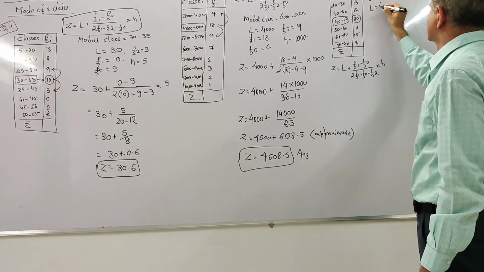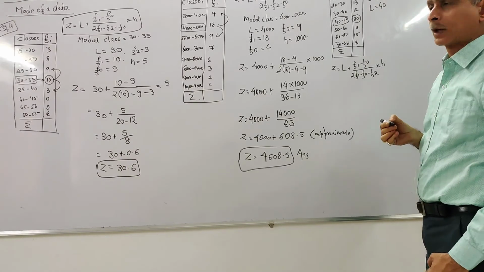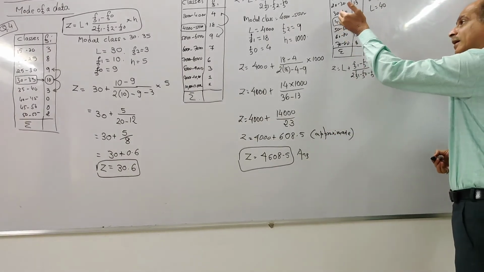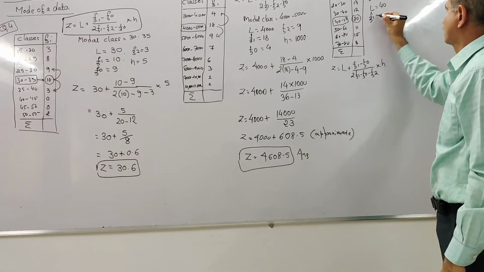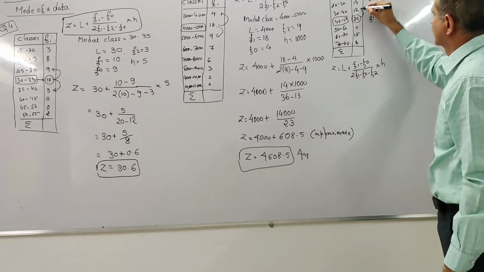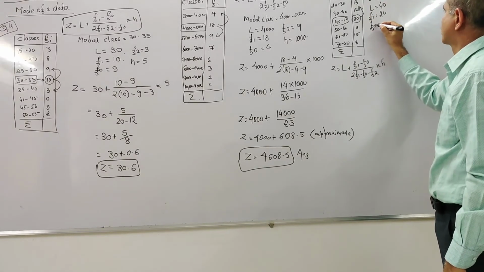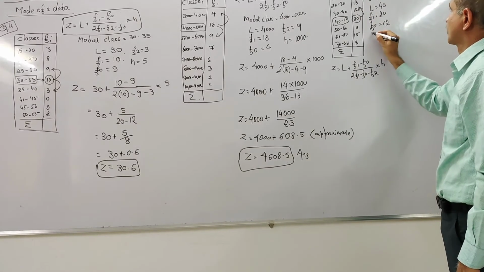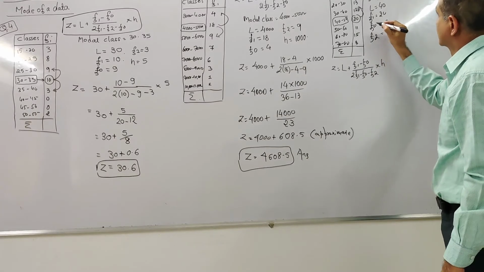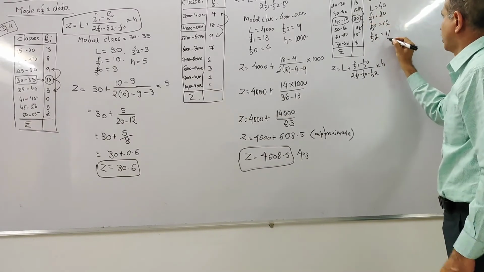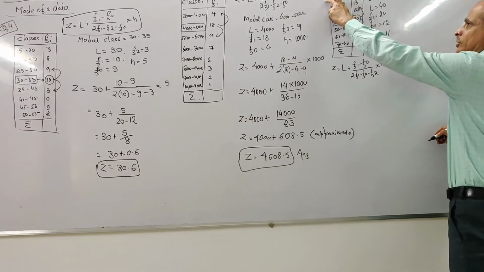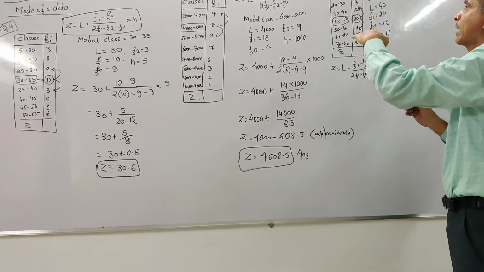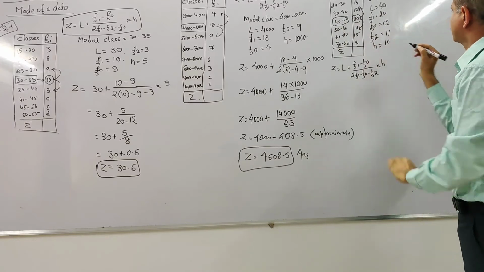So L is equal to 40. The frequency against this modal class is known as F1, so F1 is equal to 20. F0 is equal to 12, F2 is equal to 11, and H is equal to 20 minus 10, which means 10.